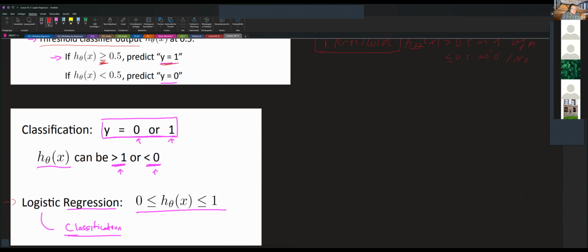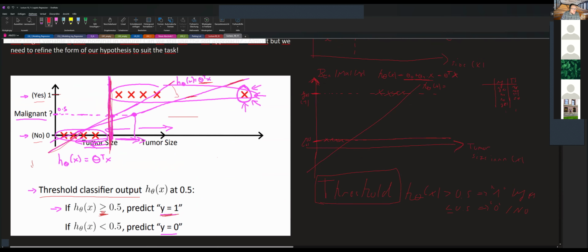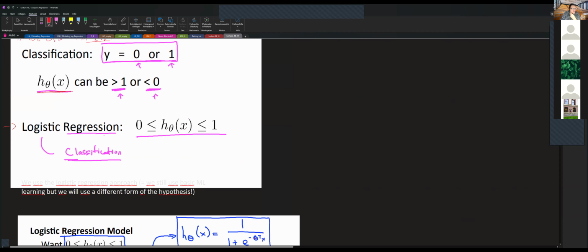If we use linear regression, our hypothesis can be larger than 1 or smaller than 0, which is not what we really want, right? We want to be within the realm. So what we're gonna do is change to a thing called logistic regression, right?